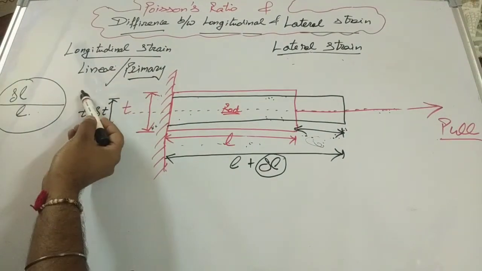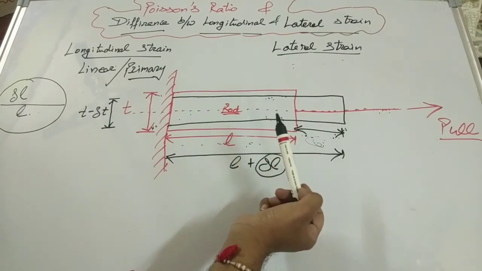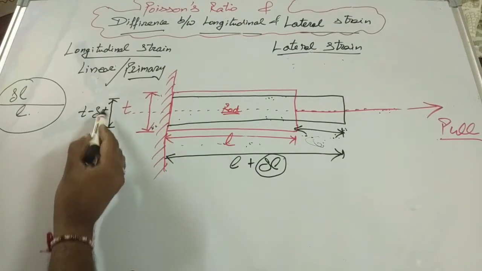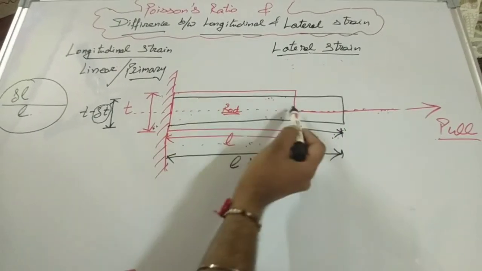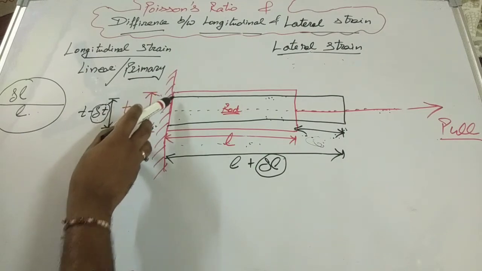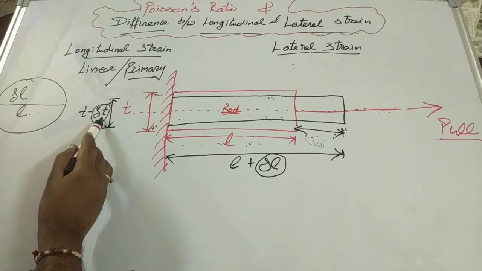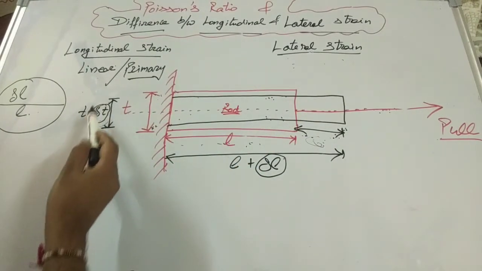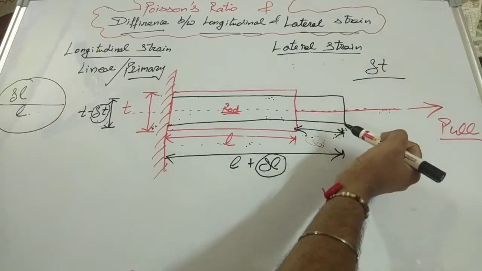Opposite to this linear or longitudinal strain, the second one is lateral strain, which is the ratio of deformation coming perpendicular, at a right angle, to the line of action of force. This one is the line of action of force. So perpendicular to this line of action of force, the deformation is delta T. So lateral strain is the ratio of the deformation perpendicular to the line of action of force, delta T, to the original dimension.